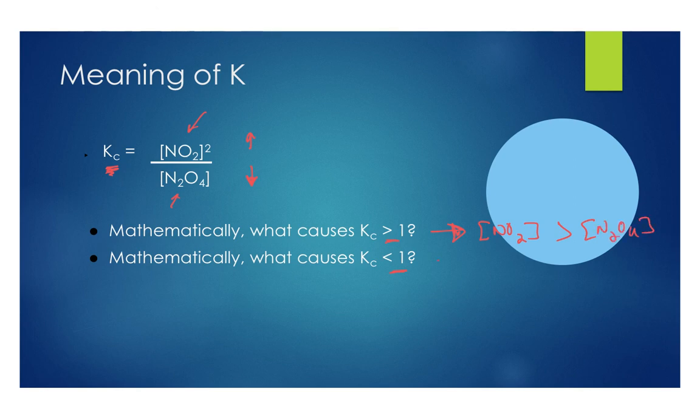Likewise, if it's less than 1, that means my bottom has to be greater and my top has to be smaller. So the concentration of N2O4 would in general be greater than the concentration of NO2. There are some exponents involved there, but this is just a generalized statement.